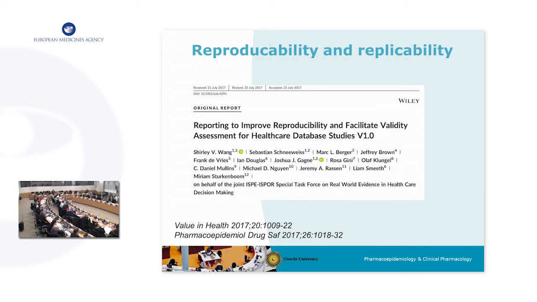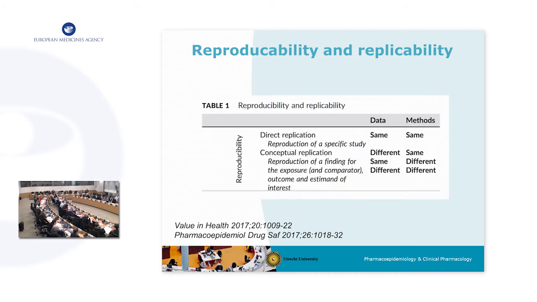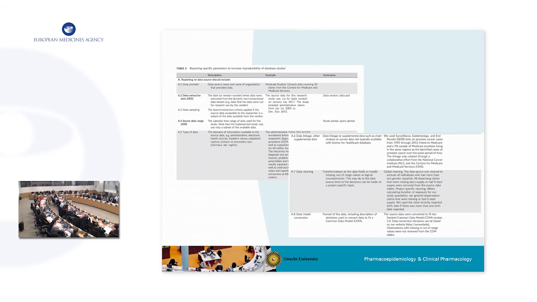Next slide, please. And more recently, also a statement that was produced by a joint working group from ISPE and ISPOR, and this is really important, I think, for database work in order to be able to reproduce and replicate findings from database studies. I'm now at the slide that shows the different items to report, and I just wanted to point out that in this reporting guidance, there's an item mentioned under A8, that the type of common data model, the version of the common data model, and how the data was transformed needs to be reported.